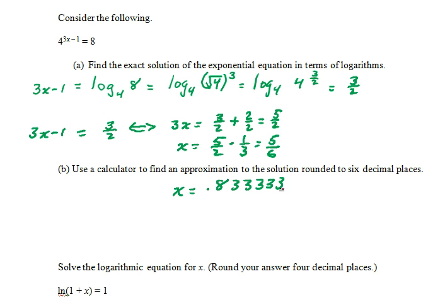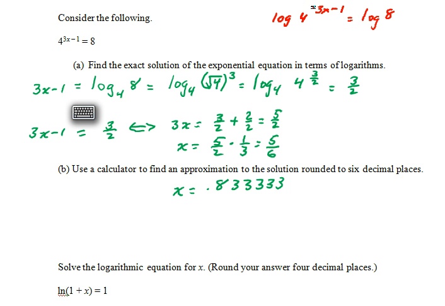Now there is another way to solve this, and that would be by applying a log to the same base on both sides. If we do it that way, let's use common logs. We'd have log of 4 to the 3x minus 1 equals log 8.